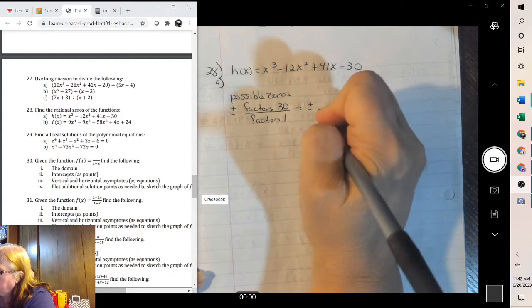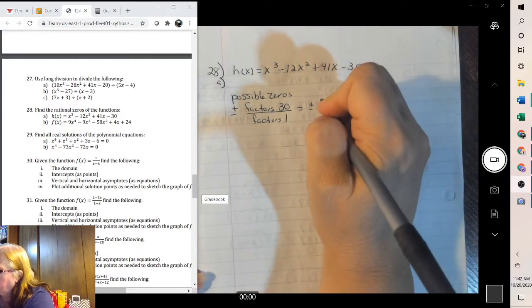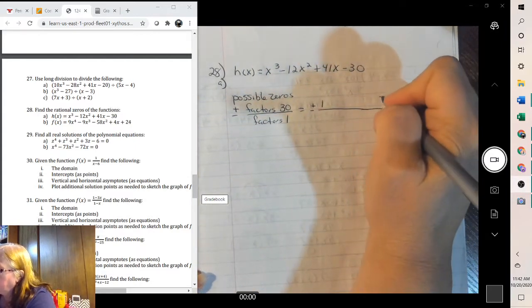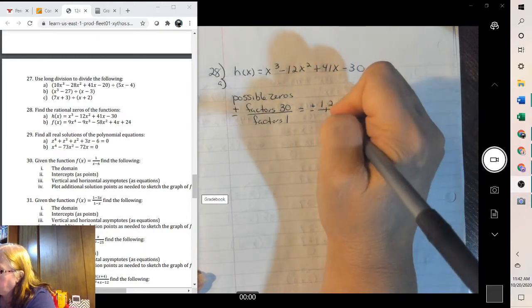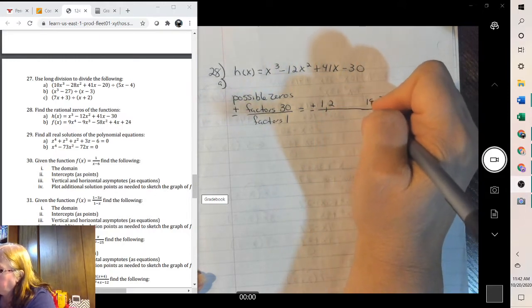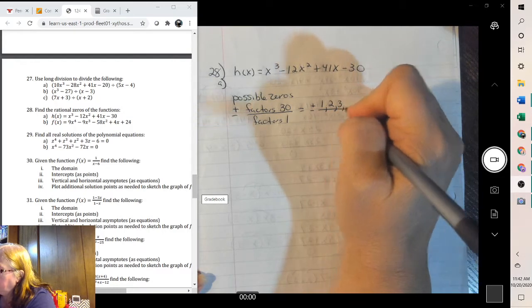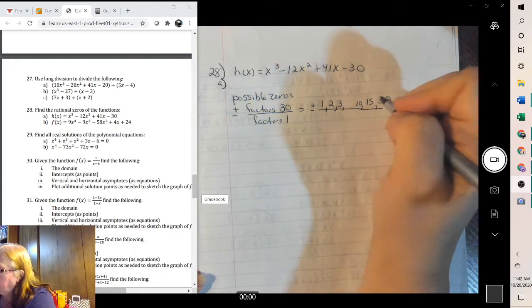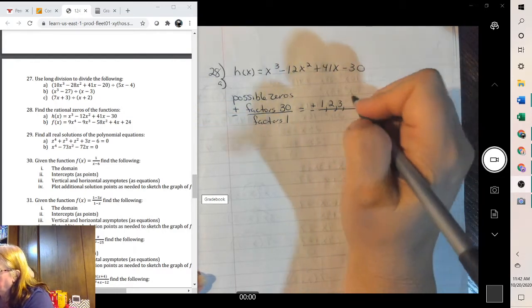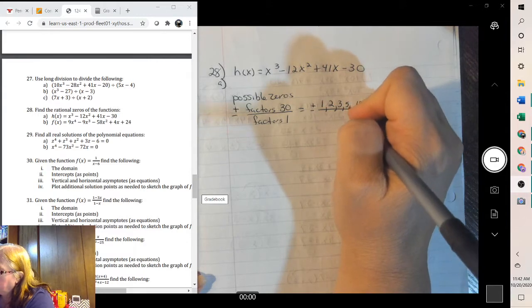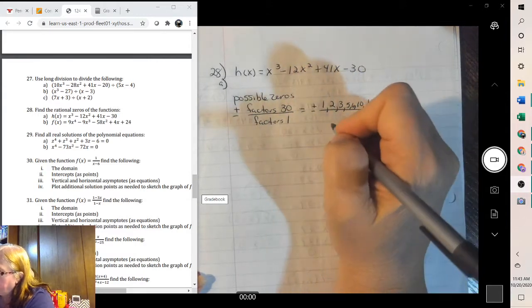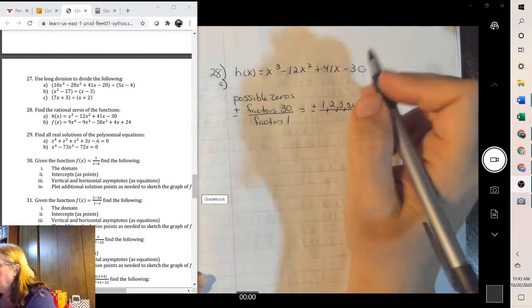Plus or minus the factors of 30: 1 and 30, 2 and 15, 3 and 10, 4 doesn't work, 5 and 6. Factors of 1 are just 1.